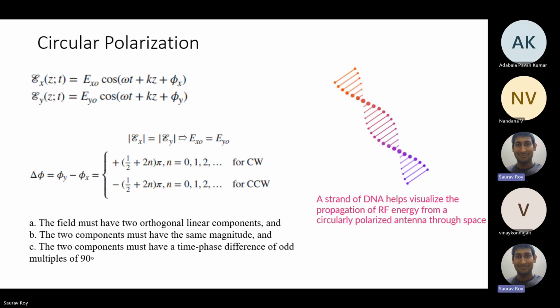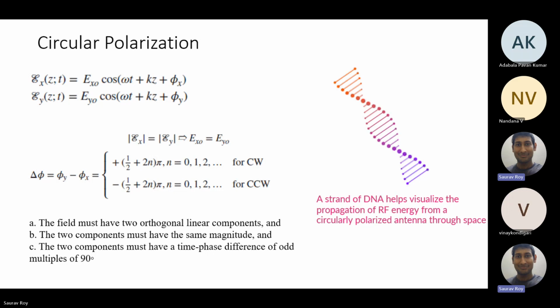And the difference between the phase is either (2n plus 1) by 2, that means it's a multiple of pi by 2. Only if it is some multiple of pi by 2 will it become circular polarization. In some cases it will be a positive value of pi by 2, or in some cases a negative value of pi by 2.